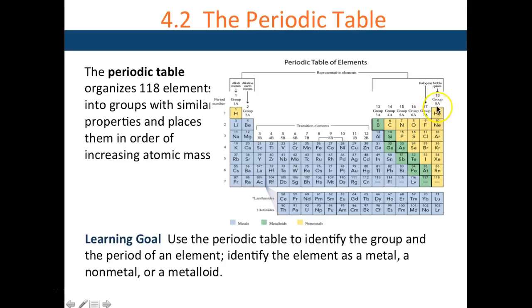Among the non-metals, group 8A are the noble gases. These elements are extremely unreactive. They tend not to form compounds, and so all the other elements are trying to form compounds in order to achieve this kind of stability that the elements in group 8A have.